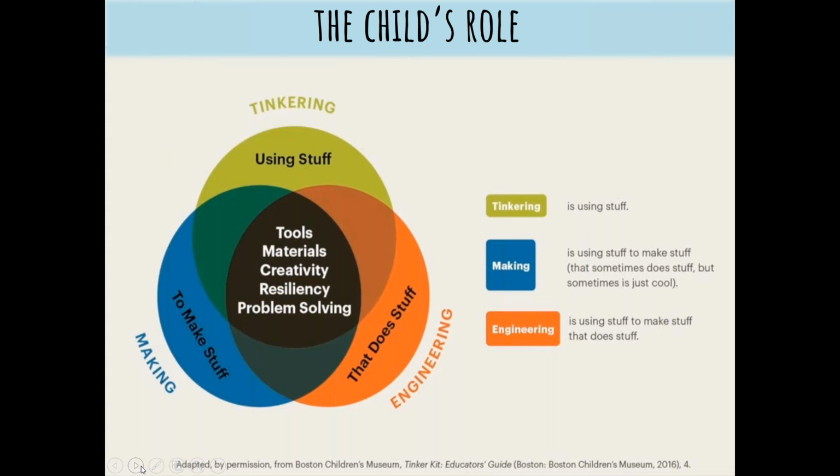That begins with an end product in mind. So you already think you know what it is that you want to do. And engineering is just using stuff to make stuff that does stuff. So engineering begins with a problem to solve, and you're going to use the engineer design process to solve it. And we are going to explore what the engineer design process is in the next few slides.